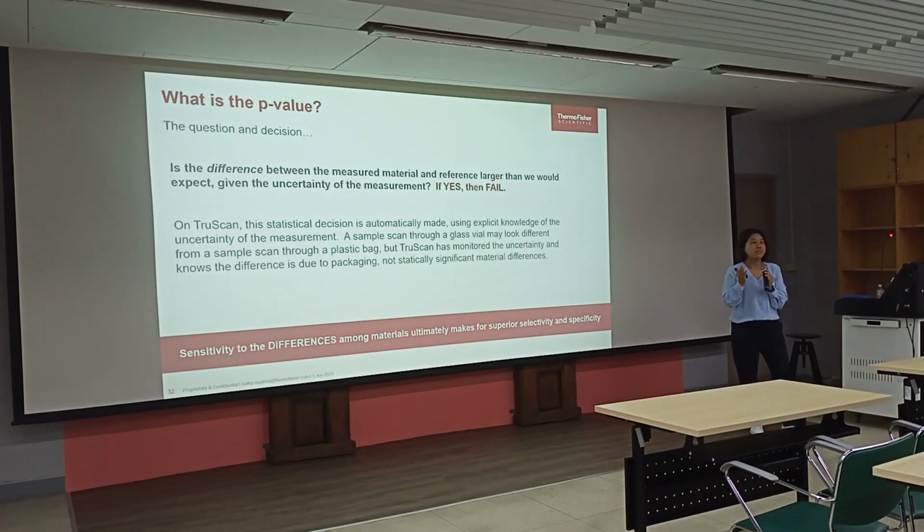Is this additional peak because of batch-to-batch variation, maybe the mix of the raw material is different, or maybe because of the packaging? Then the instrument puts this factor into the p-value calculation and defines whether these differences are very significant or just minor differences, and decides whether these two materials are the same or different. So this is how the p-value works.